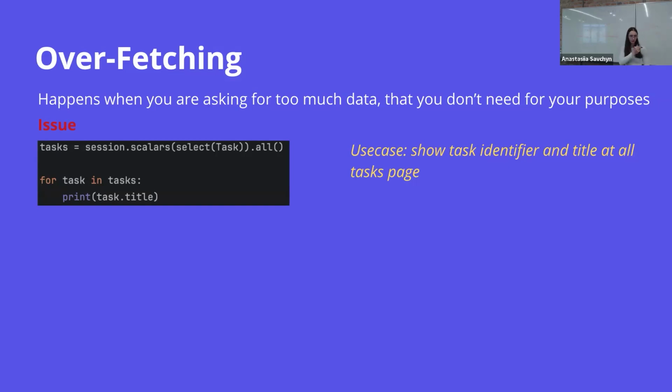Probably the guys online can see that. So let's focus on our use case: we just have to show the ID and title of the task. What is the issue in this screenshot? Maybe we need to select not the whole Task model, but just task.id and task.title. Yeah, that's correct.